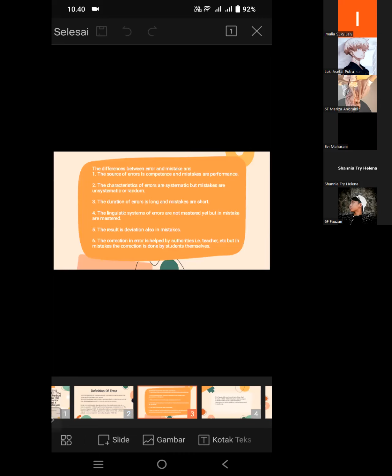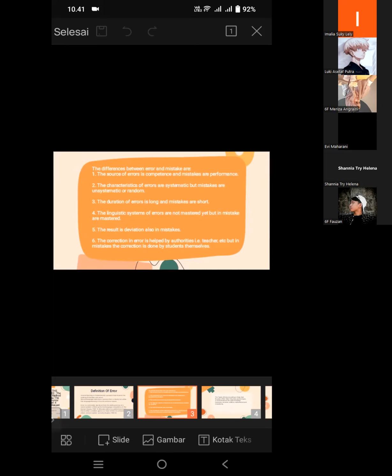The differences between error and mistake are: first, the source of error is competence and of mistake is performance. Second, the characteristic of error is systematic but mistake is unsystematic or random. Third, the duration of error is long and mistakes are short.